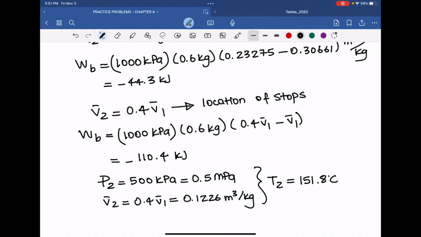Otherwise it would have crashed down. So at 500 kilopascal, there is no more compression work that can be done, and this should be the final temperature at that pressure.